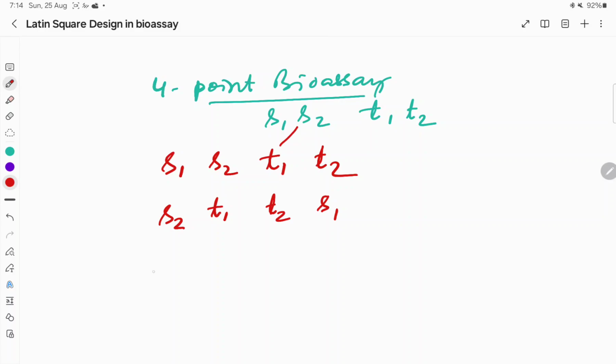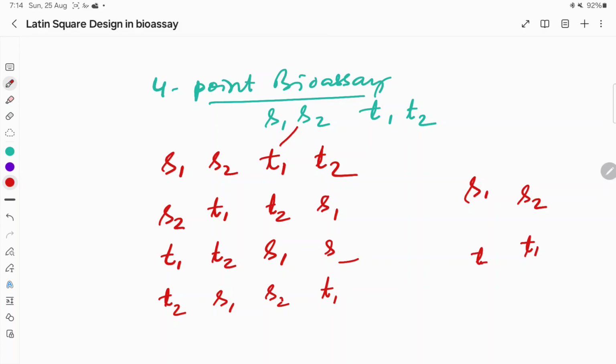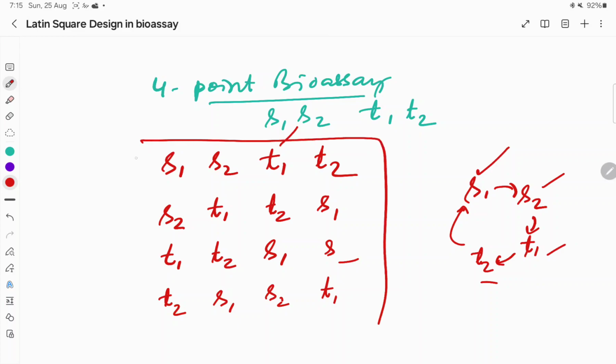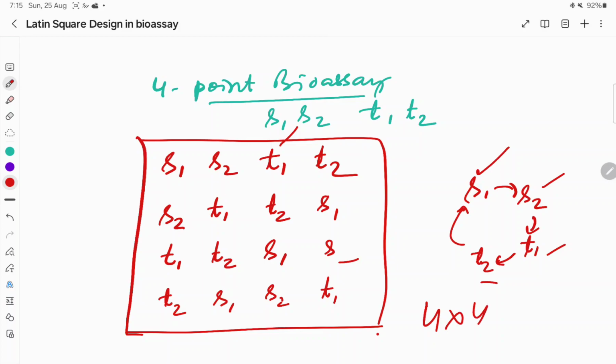Then we will start with T1: T1, T2, S1, S2. Then we will start with T2: T2, S1, S2, T1. So the sequence is S1, S2, T1, T2, first from this, then from this, then from this, then from this. So this will be the 4 into 4 Latin square design.